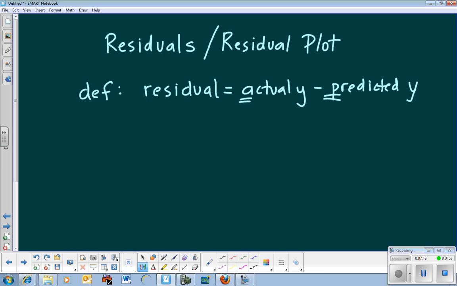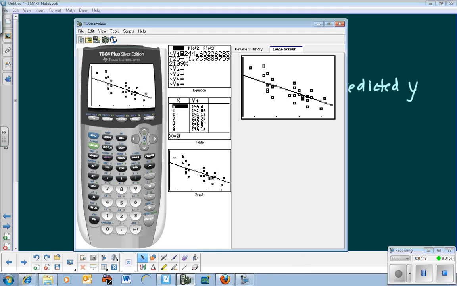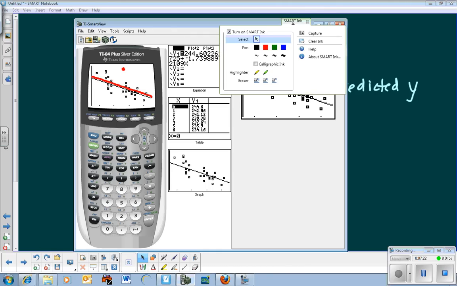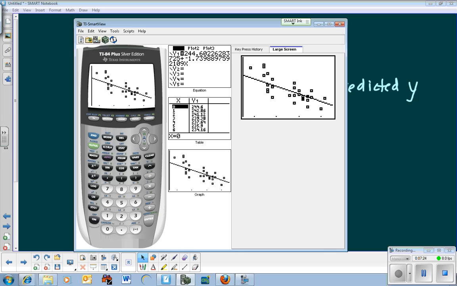So what that means is, if you go back to your graph, for each one of these spots on my graph, each one of these dots, there's an actual y value. This point right here, for instance, is 73,127. The actual y value is 127. The predicted y value is right here on the line.